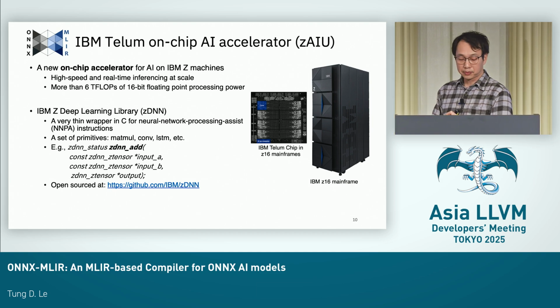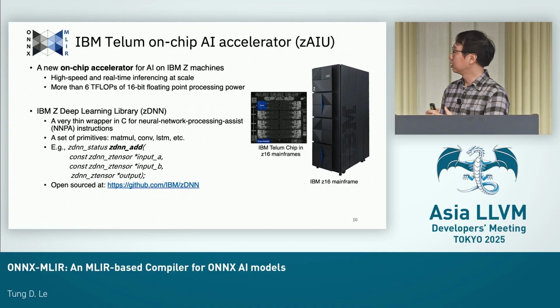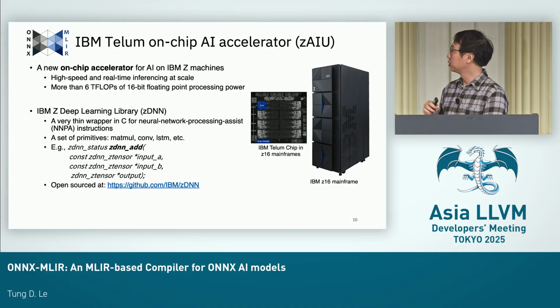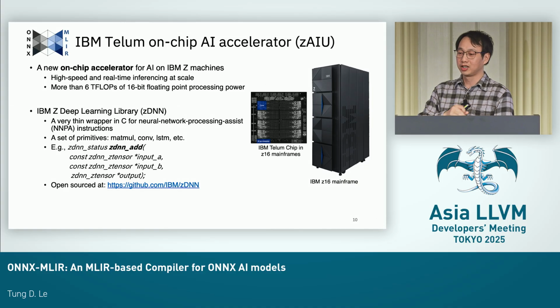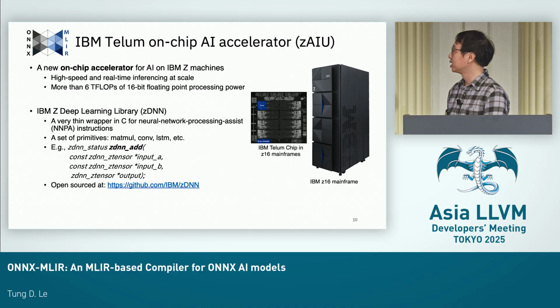To use this accelerator, IBM provides a library, the IBM Z Deep Neural Network Library, zDNN. This is a very thin wrapper in C for the neural network processing assist instruction, so that we can use it not only for the compiler, but also for other frameworks like TensorFlow or PyTorch.